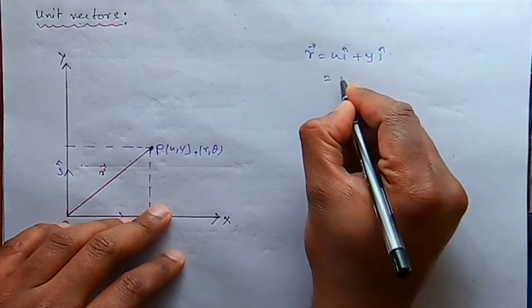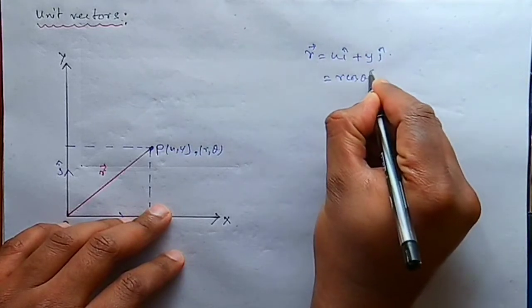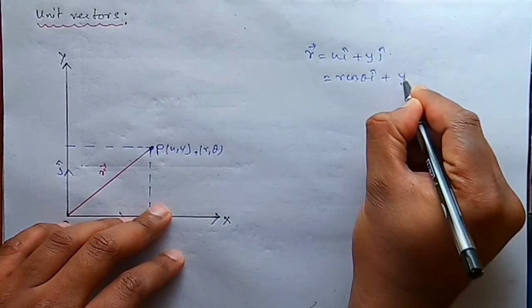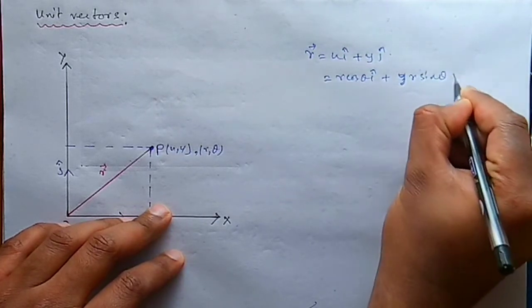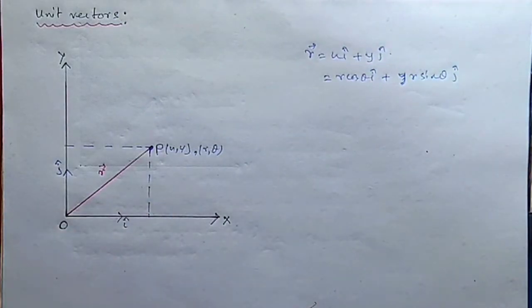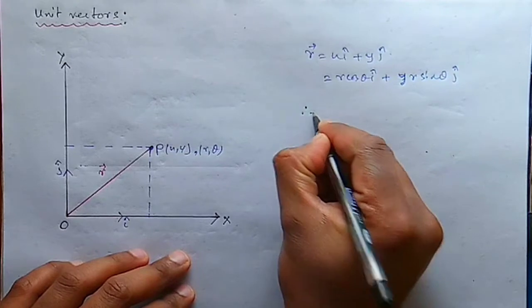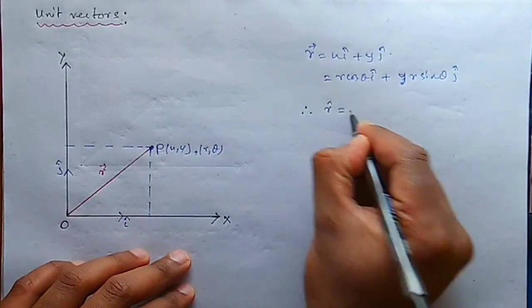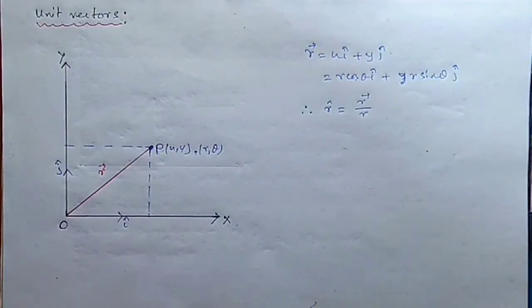From the previous page, we see x is equal to r cos theta and y is equal to r sin theta. Therefore, the unit vector r cap is equal to r vector by r.